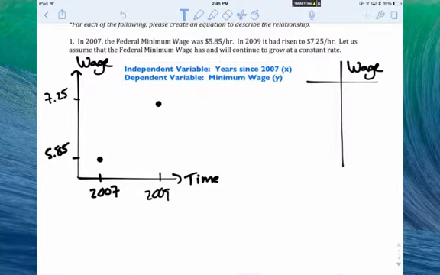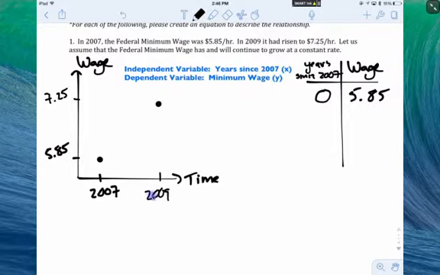Okay, so now that we know that, years since 2007 is going to be what goes in our table right here. Okay, so in 2007, 0 years since 2007, the minimum wage was $5.85 an hour. In 2009, which is 2 years later, the minimum wage had grown to $7.25 an hour.